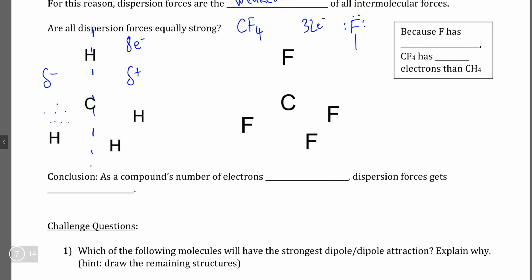Now, let's do the same thing with CF4, but instead of putting 8 electrons, we're going to put all 32 electrons in the same area here. Again, are they going to stay here? No, because they're going to constantly disperse randomly throughout the molecule, and they will be repelling each other because of their negative charge. But while they are here, does this molecule have a weaker or stronger negative charge than CH4?